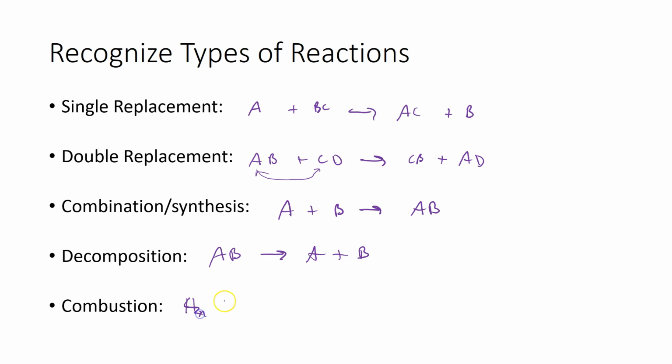hydrocarbon and oxygen gas yields CO2 and water. Okay? Now, again, this is a simplification of the combustion process, but for CP chemistry and the basis of what we're going to do, this is fine. So the CnH2n+2 is just the formula we use for figuring out our hydrocarbons.